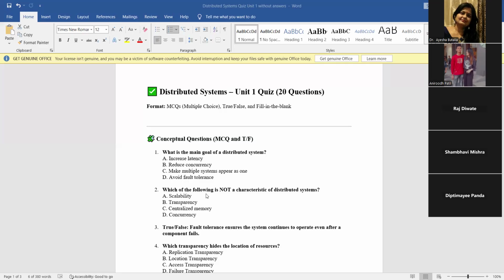Which of the following is not a characteristic of a distributed system?